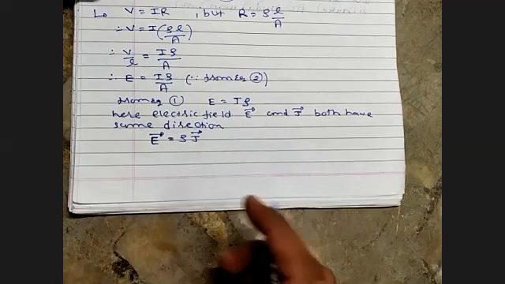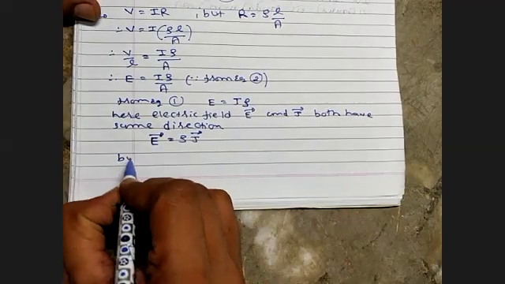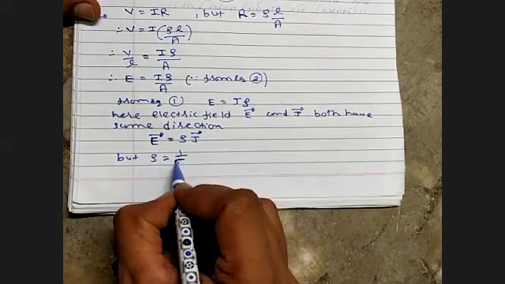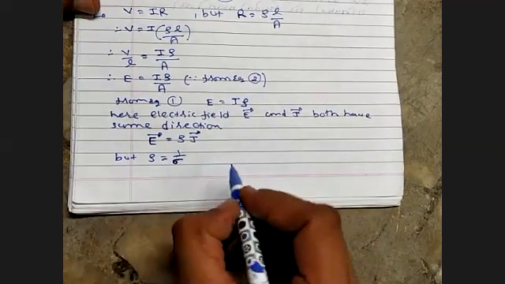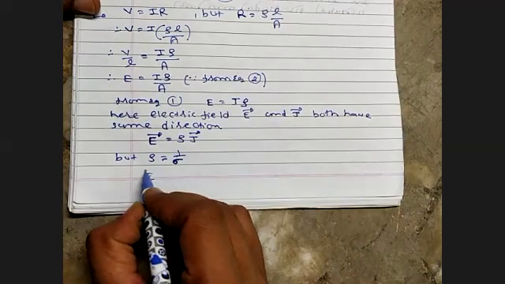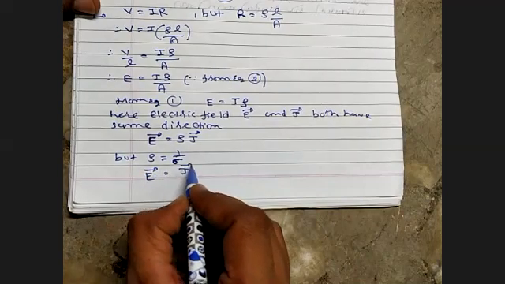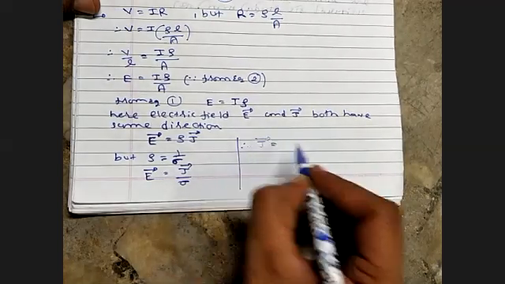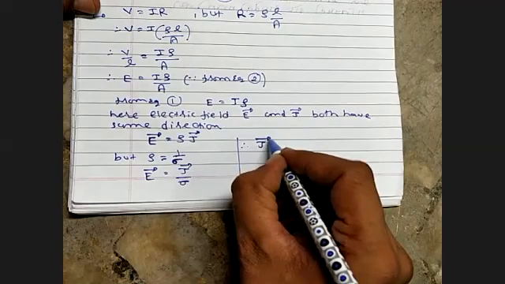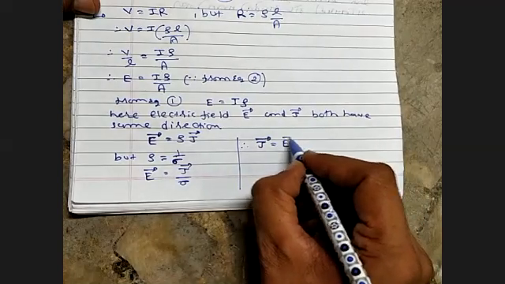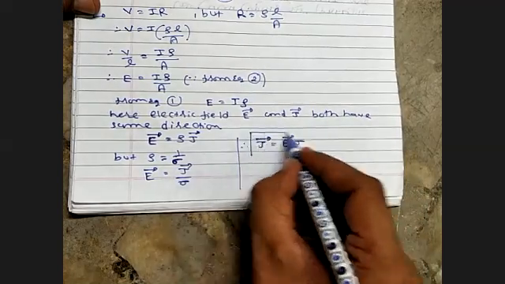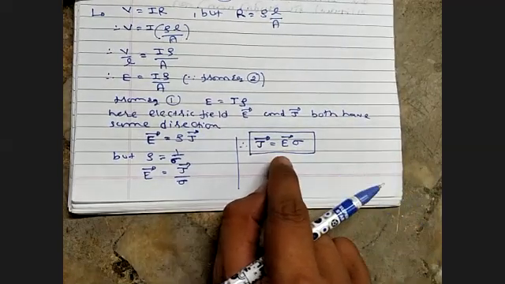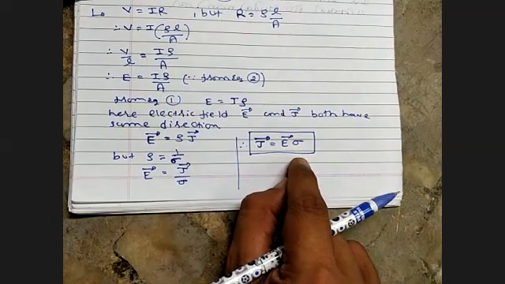Now, as you know, rho is equal to 1 upon sigma, so vector E is equal to J divided by sigma. Therefore, vector J is equal to sigma into vector E. So this is the relation between J, E and sigma.